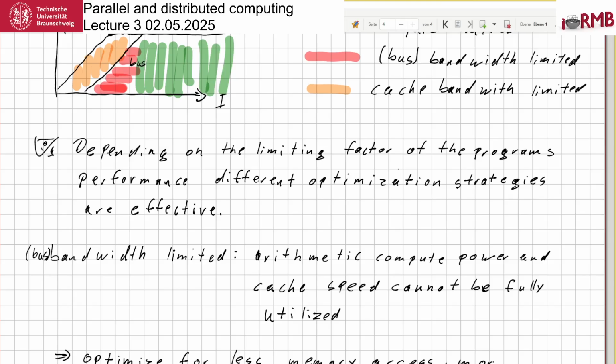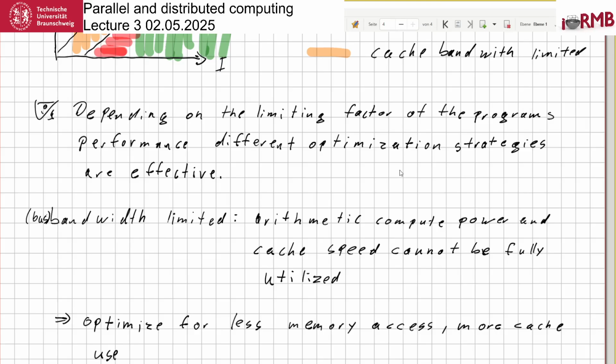So more cache use, if this is possible. So in this way, if you try to reduce your amount of floating point operations, it wouldn't help you if you're in that limit.